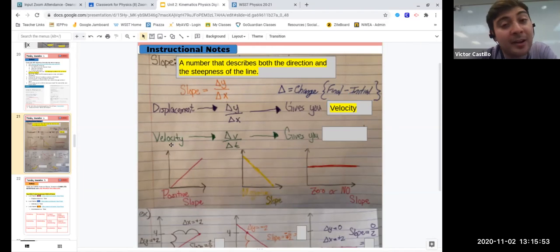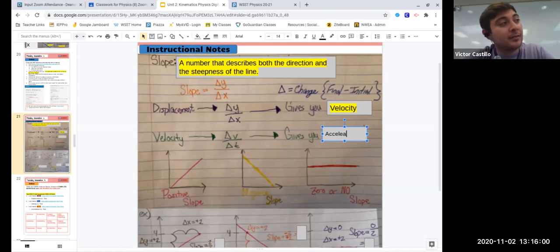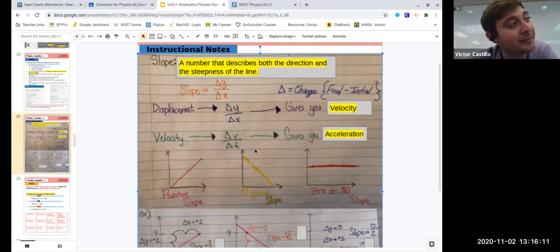Likewise, if you have a velocity graph and I ask you to find the slope, you're actually trying to find acceleration. So the slope in a displacement graph is velocity, and the slope in the velocity graph is acceleration, okay? So displacement is the change of meters per second, which is velocity, and velocity is a change in velocity per second, which is acceleration, okay?